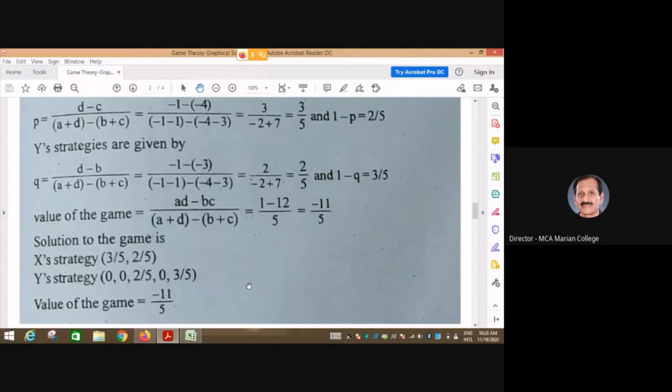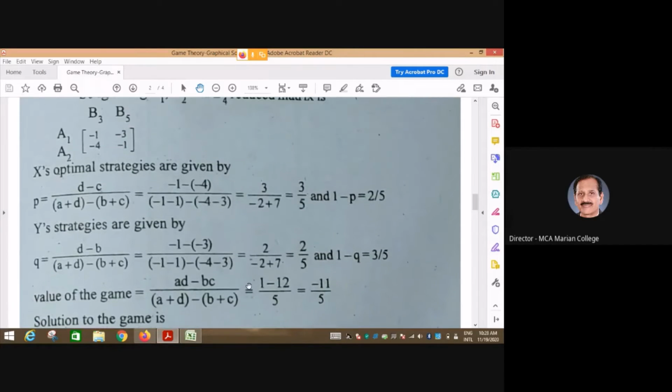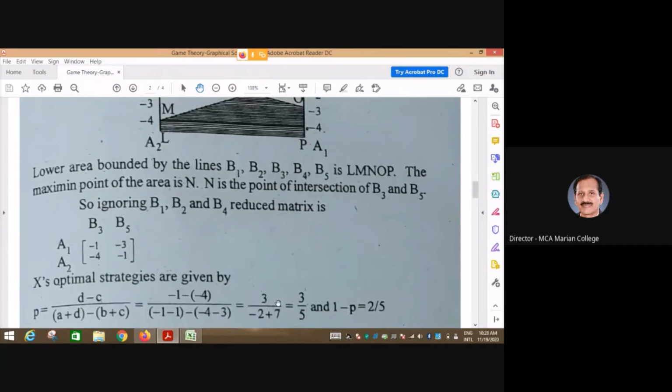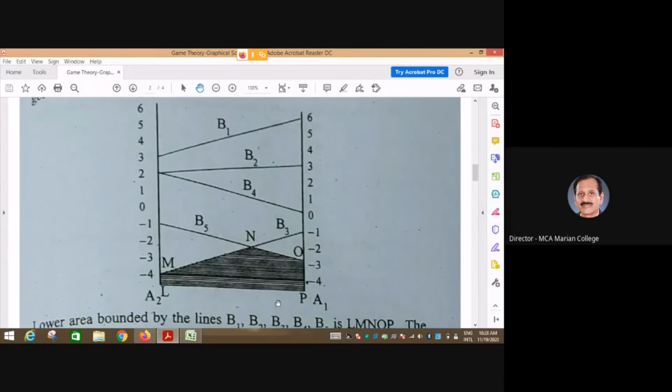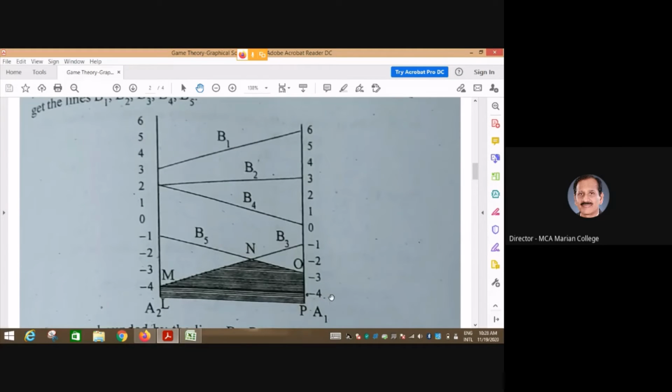So this is the problem. It's very easy. The only thing is you have to draw the lines corresponding to the strategies. Here there are only 2 strategies for the player X, first player, so we draw 2 vertical lines corresponding to the 2 strategies.